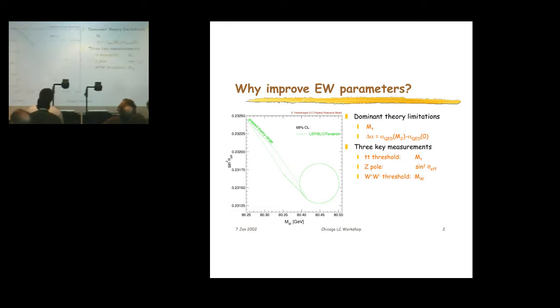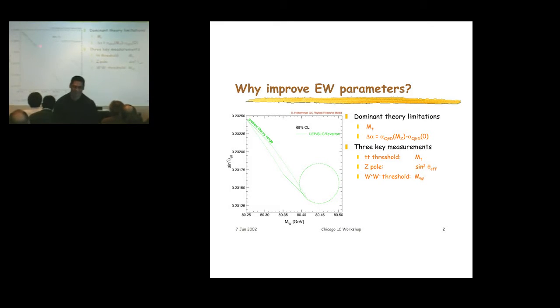So why would we actually want to look at improving the electroweak parameters? Well, I'd like to start with a plot that Sven Heinemeyer has made, looking at both the theoretical predictions and uncertainties, and the experimental uncertainties, in the weak mixing angle versus the W mass.